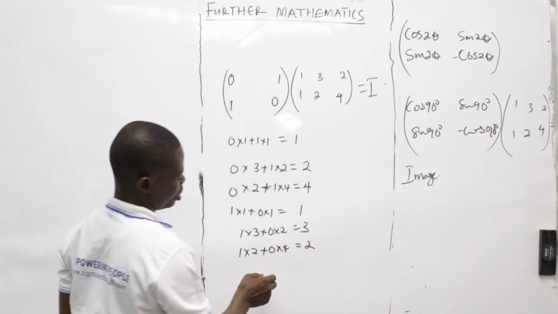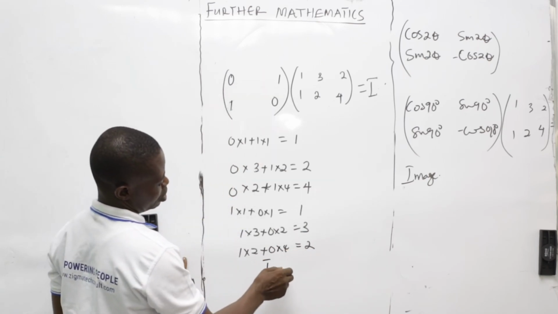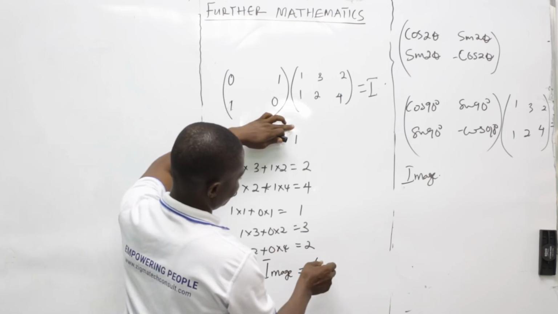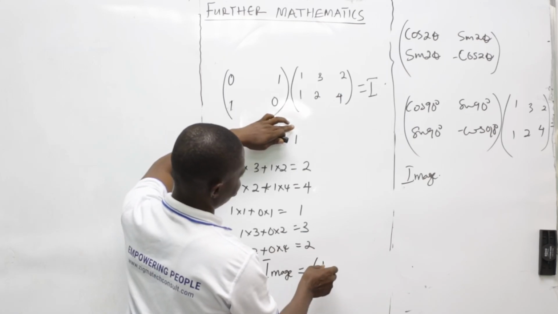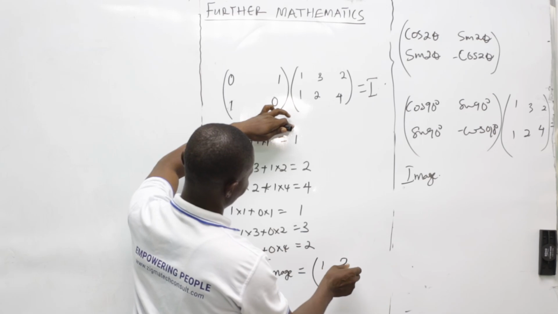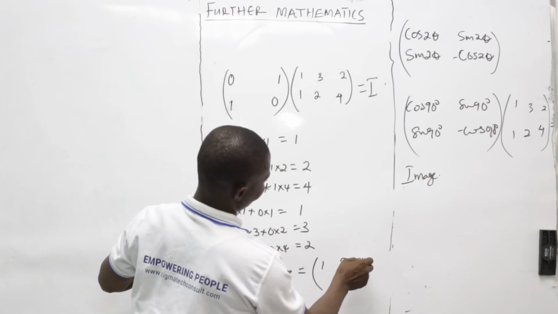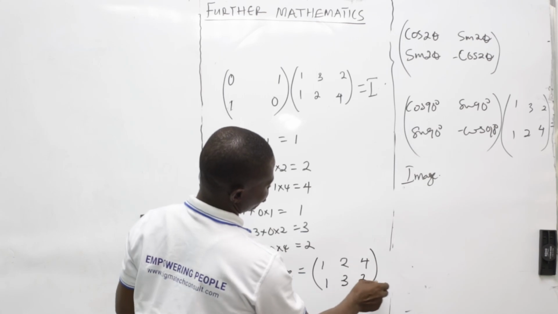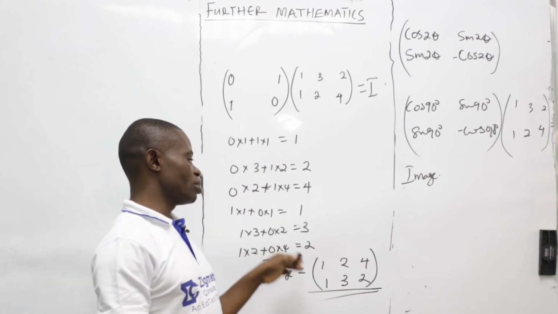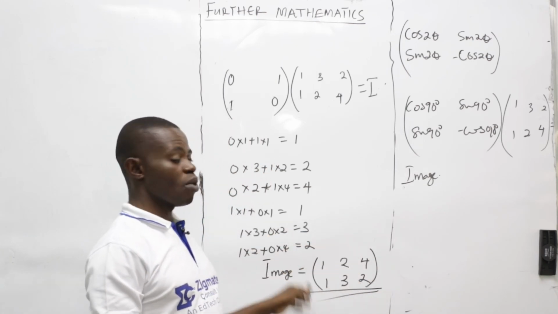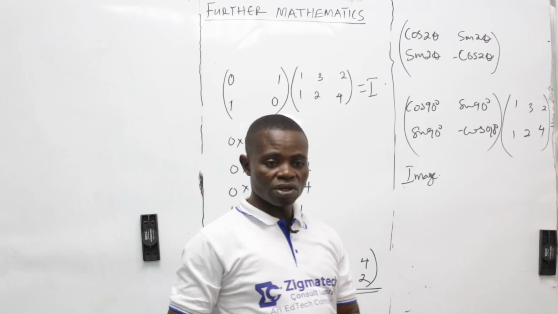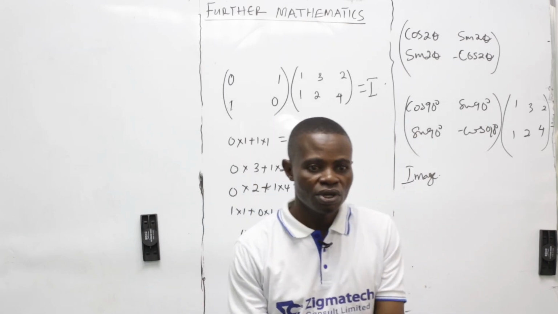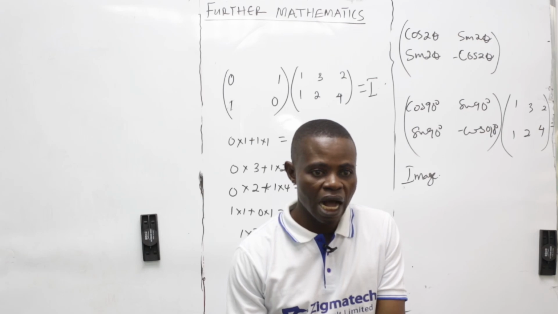So what is our image? Image equals (1, 2, 4), (1, 3, 2). So the image is (1, 2, 4), (1, 3, 2).